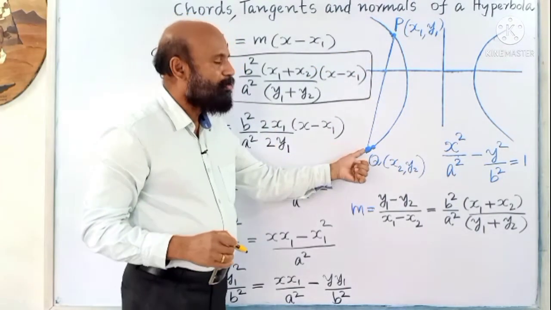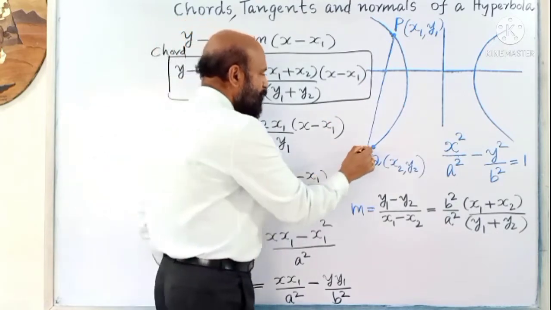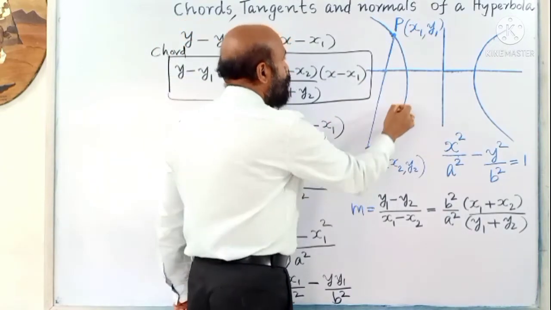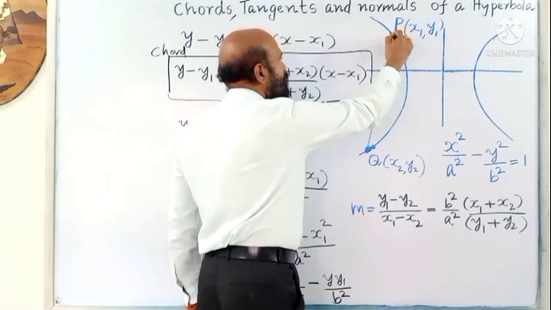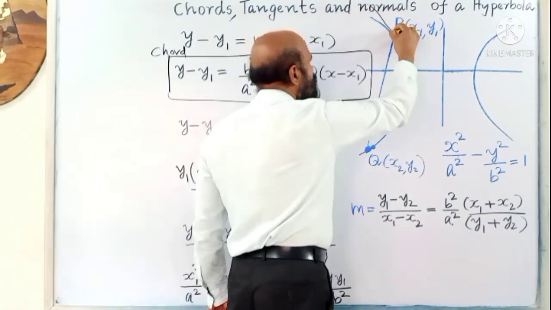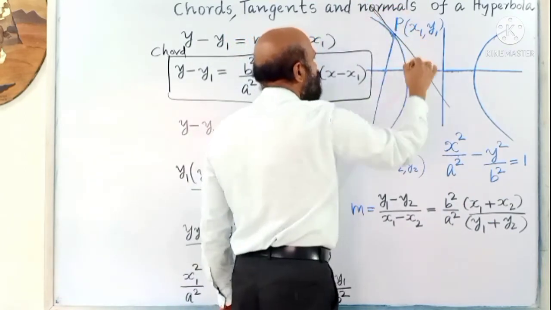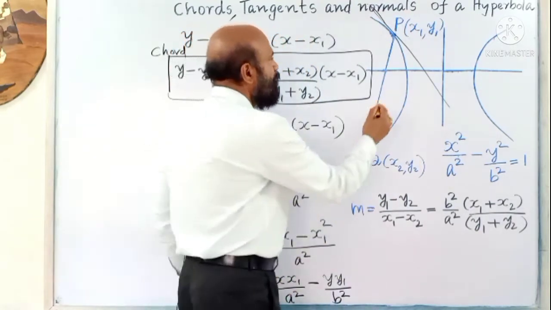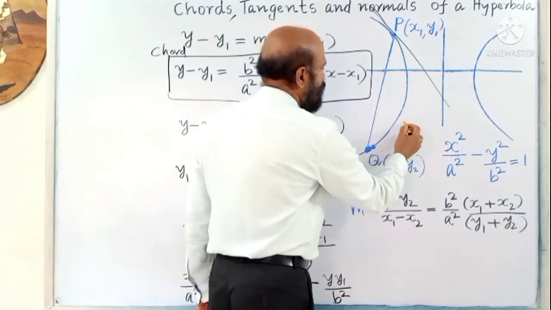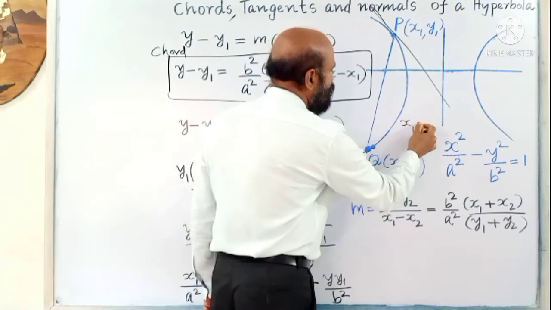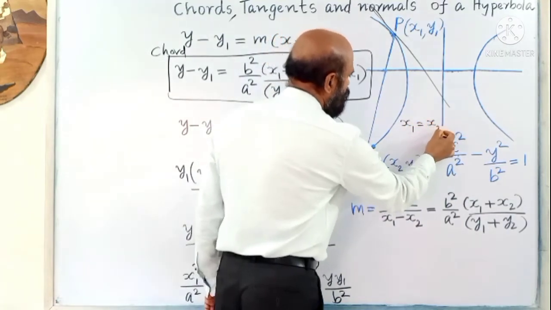Then this chord will become a tangent if Q approaches P, and then the line will touch only at one point. Then x1 will become equal to x2.